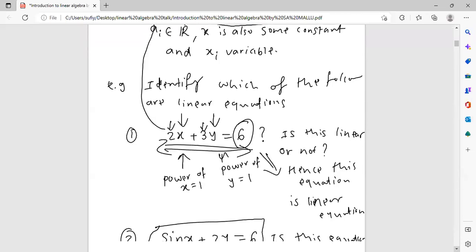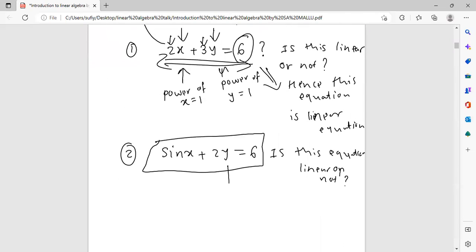Now let's look at our case. Y here is a variable, and the power of y is 1. We also have some constant k, which is equal to 6.